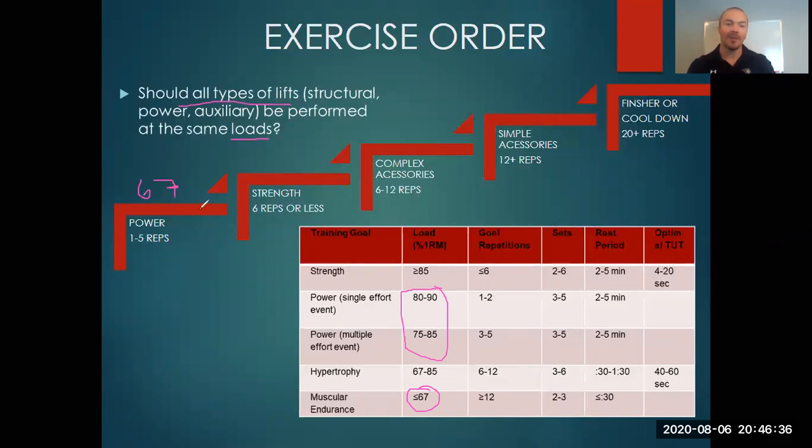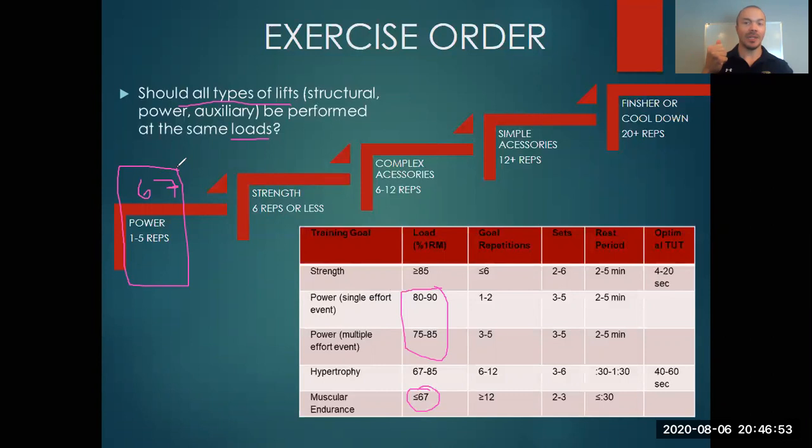And I'm confident that we would still get benefits out of performing cleans with 67% of our 1 rep max by maybe we move the bar faster than we ever have before, and we get some neurological benefits there.